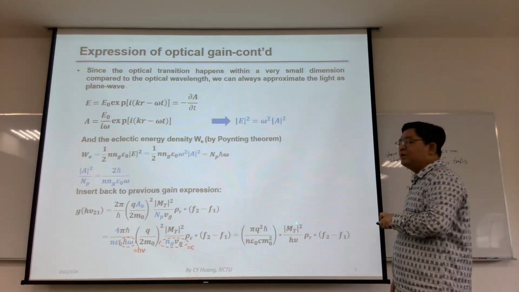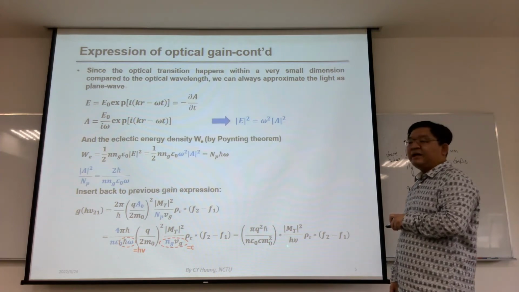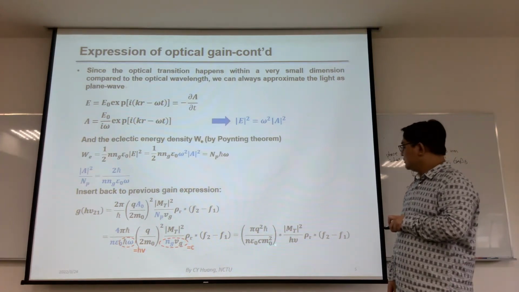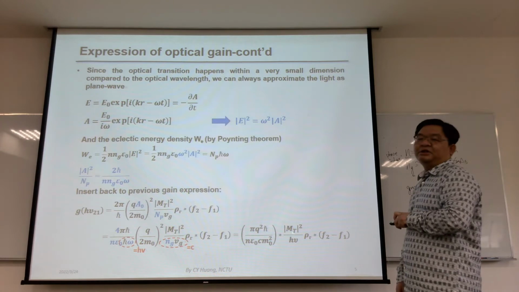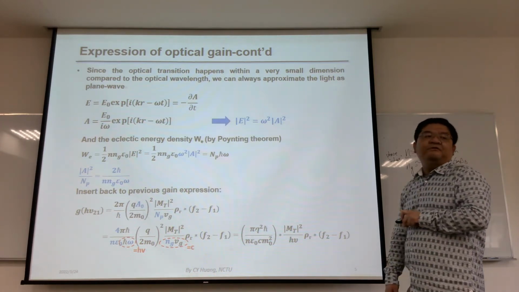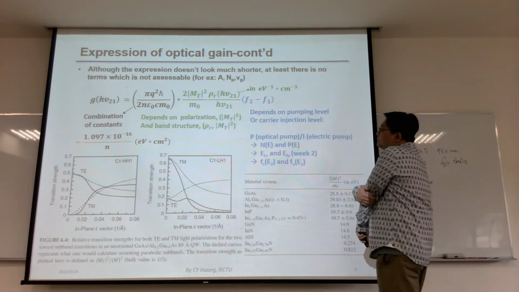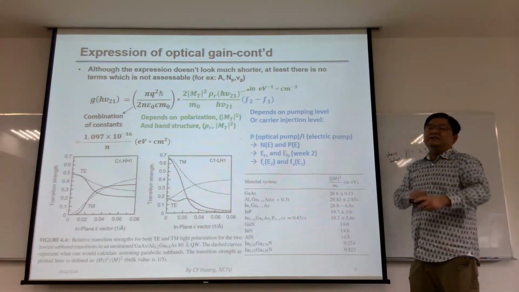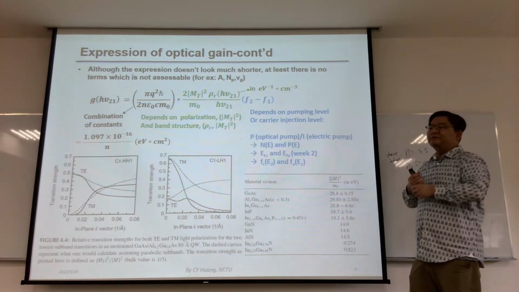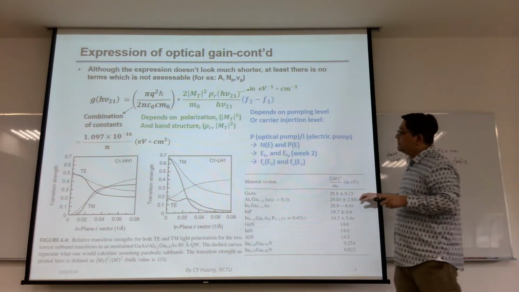Second is the momentum matrix, the transition matrix element, divided by the photon energy, times the reduced density of states, times the population factor F2 minus F1. Okay, so it's still very long, still difficult to calculate, but we can keep simplifying that.